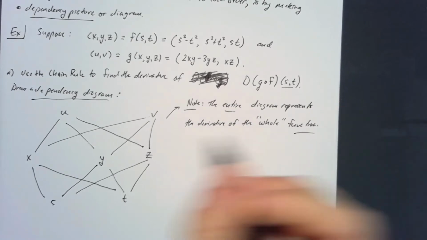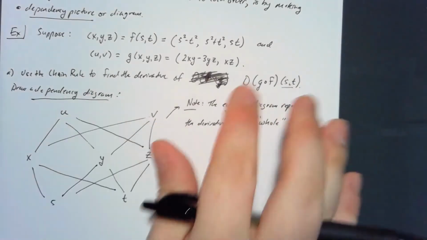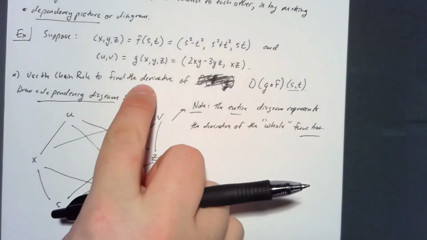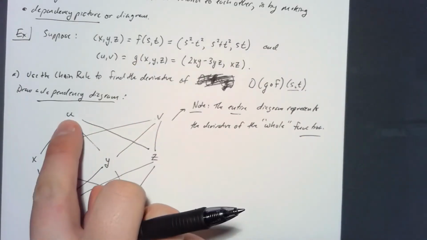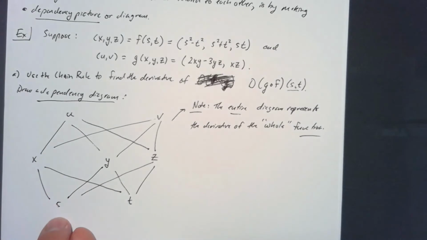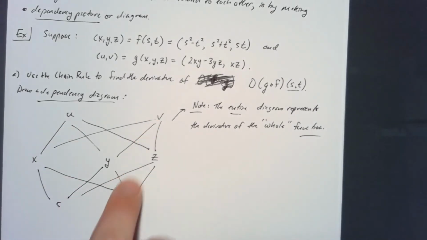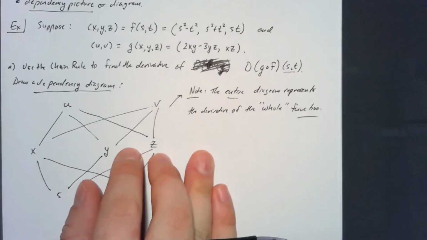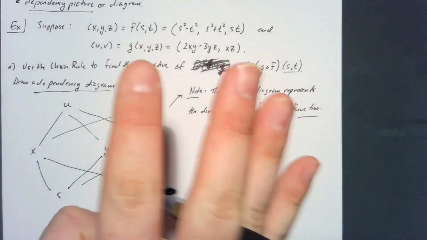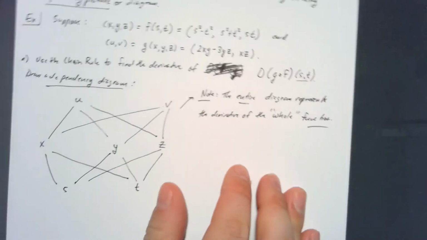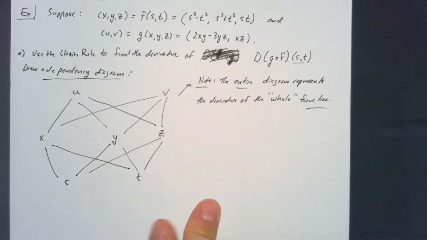What do I mean by that? By the whole, I mean the entire function. If I say take the derivative of this function, I'm saying you're looking at all the branches from u to s, from u to t, and all the branches from v to s and from v to t. All those derivatives, those four different branch paths, will be the derivative of this function.